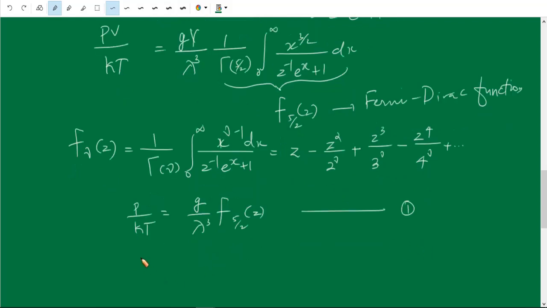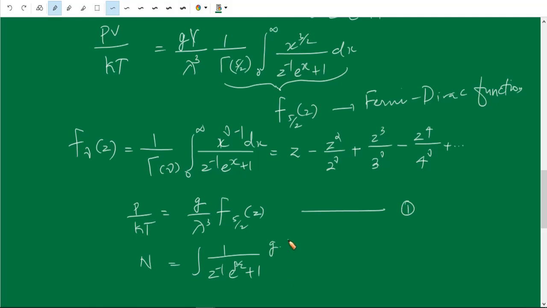Now we also have the average number of particles, which we can integrate as well. So 1 divided by e raised to beta E plus 1, i.e. 1 divided by z raised to minus 1 e raised to beta E plus 1, dE.